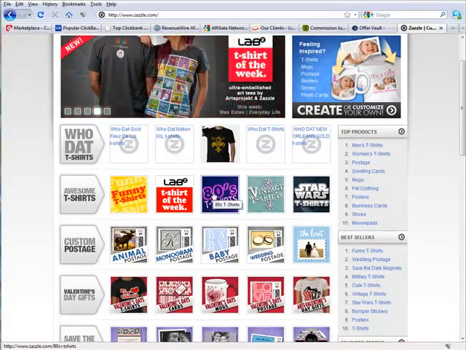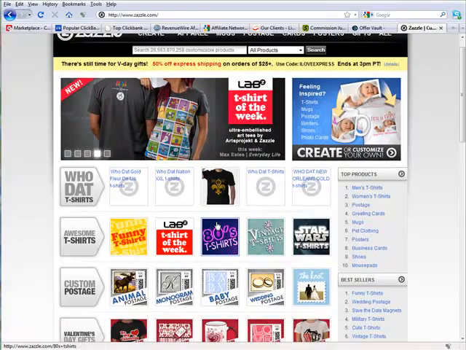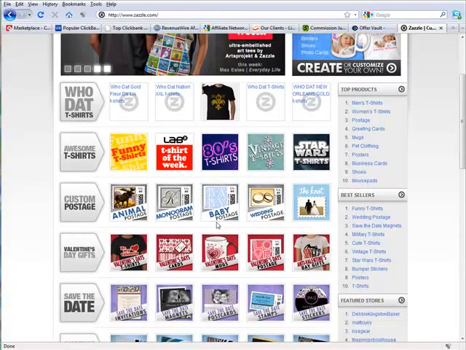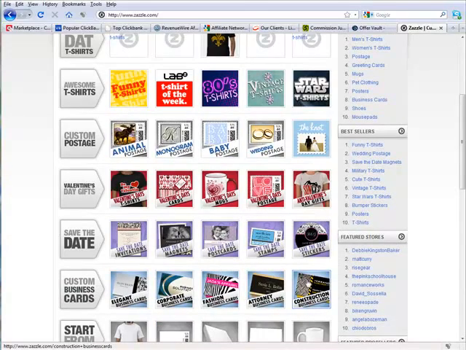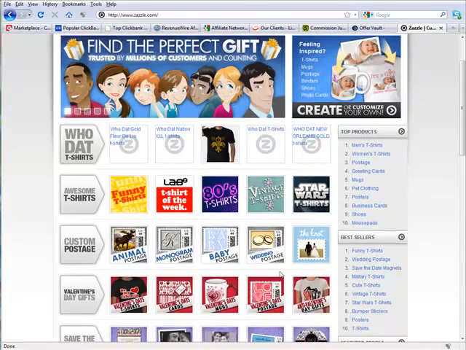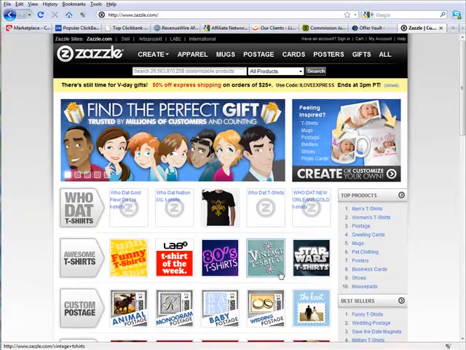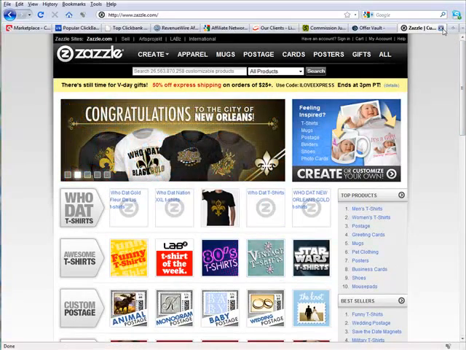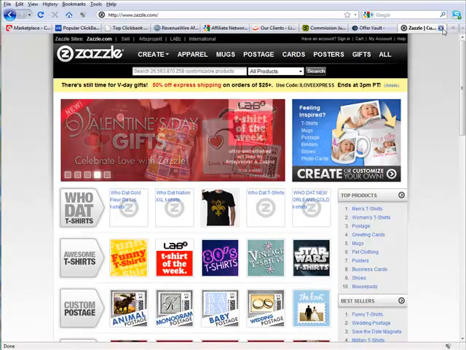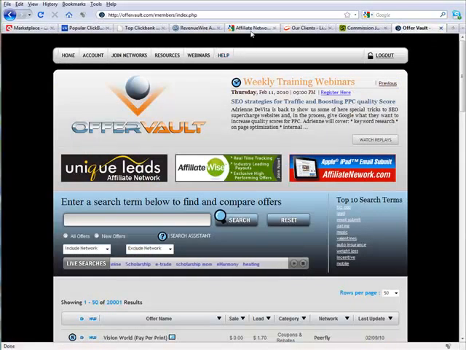There's 80s t-shirts. There's postage, coffee mugs and magnets and stamps and stickers. So lots of different things that you could promote that you would link to on this site. Okay, so that gives you an idea of the different markets that you could target based on that.